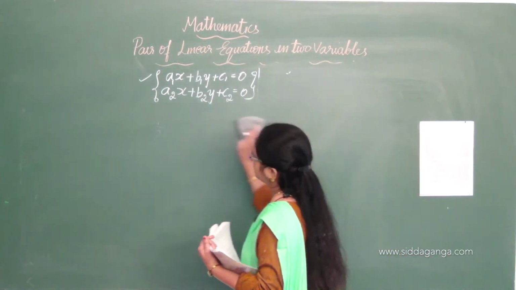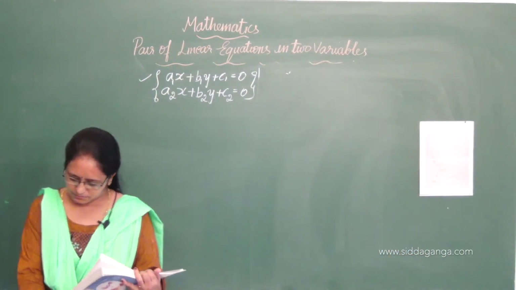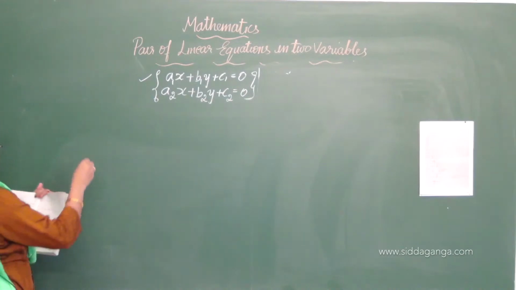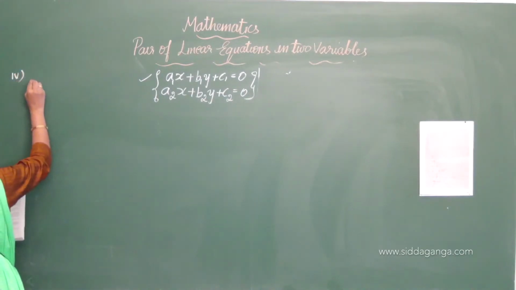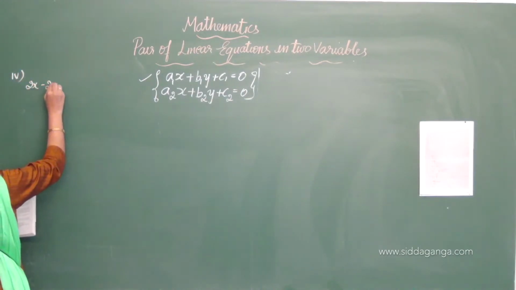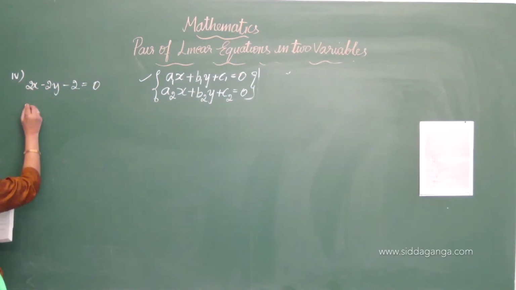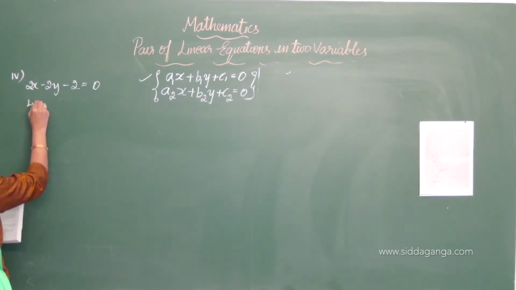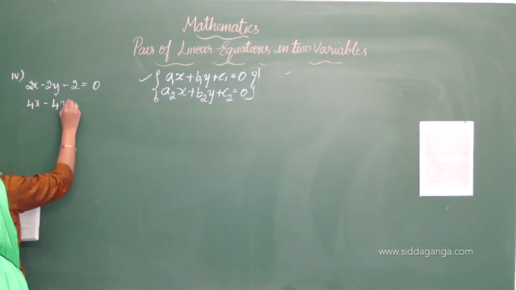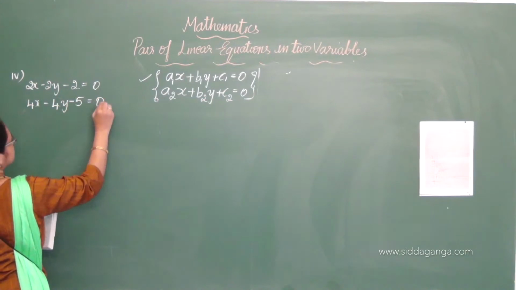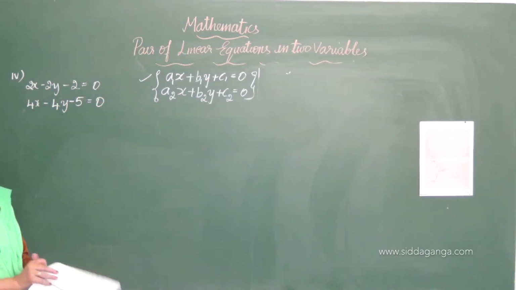Fourth one. Now 2x minus 2y minus 2 is equal to 0 and one more, 4x minus 4y minus 5 is equal to 0. Now let us compare the ratios.